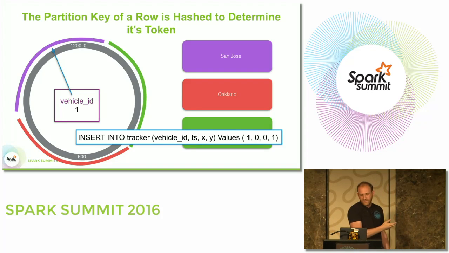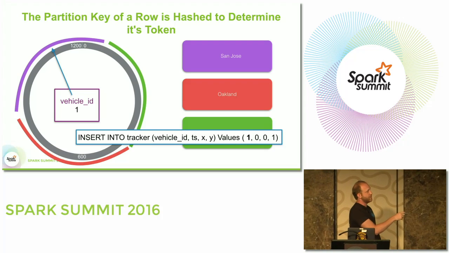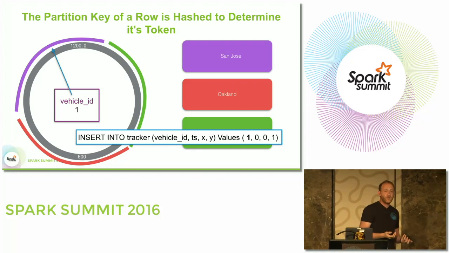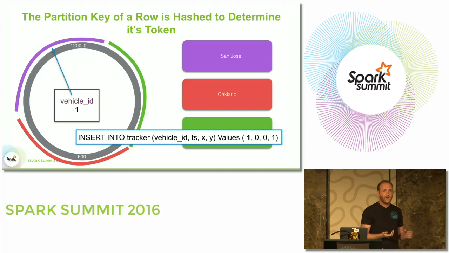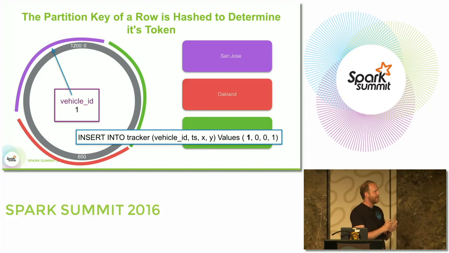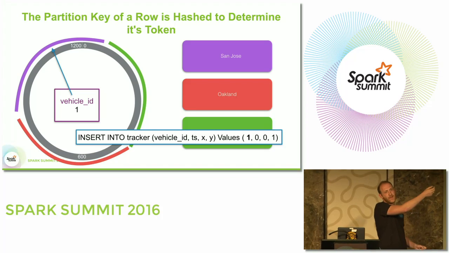So in this case, if we hash vehicle ID where the value is 1, and we get a value of 1,000 or so, that makes us know that this particular partition is going to be on the San Jose node. This also lets us know that when we're reading data, it's really easy to find that particular partition, because if we say, where is vehicle ID 1, we can simply hash that key again, go to that node, and pull it back off.